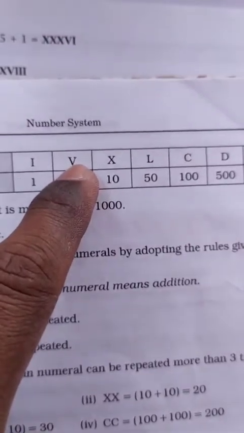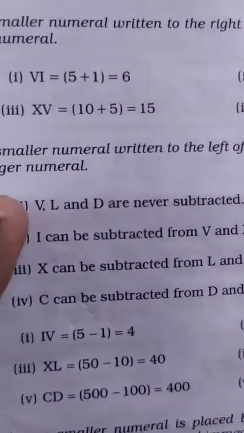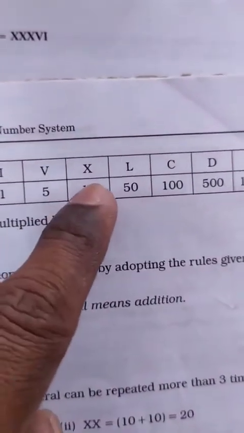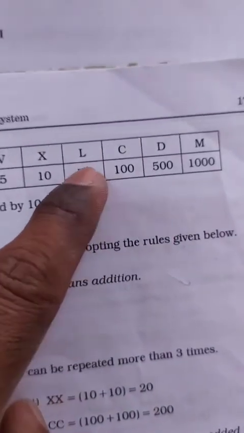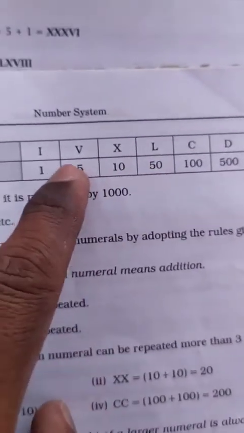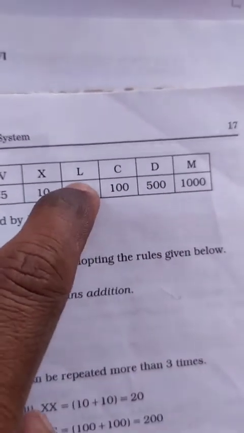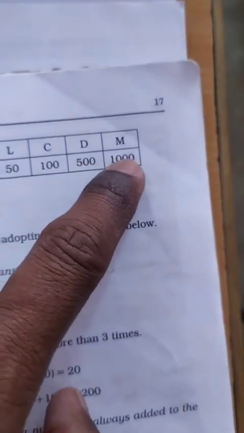Similarly, when you go to V, we know the rule says V, L and D are never subtracted, so we skip to X. X can be subtracted from L and C only. Again the rule says V, L and D are never subtracted, so we skip L and come to C. Then C can be subtracted from D and M only.